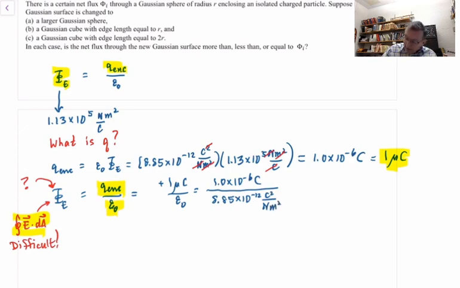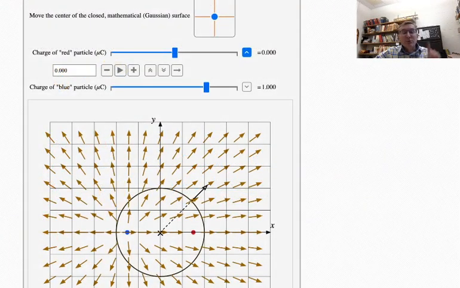Okay, I'll get some cancellation there. 1 coulomb to 1 coulomb. And I'll get Newton meter squared per coulomb. And you put that in your calculator and you'll get 1.13 times 10 to the 5 Newton meter squared per coulomb. That's the electric flux through that Gaussian surface for that charge configuration, found just by using Gauss's law.